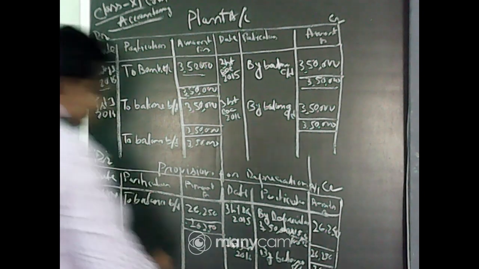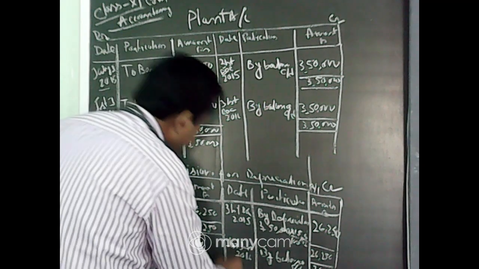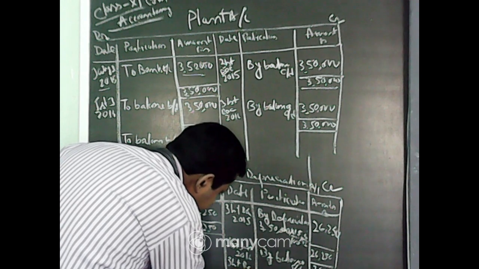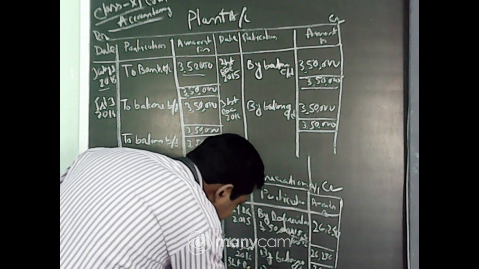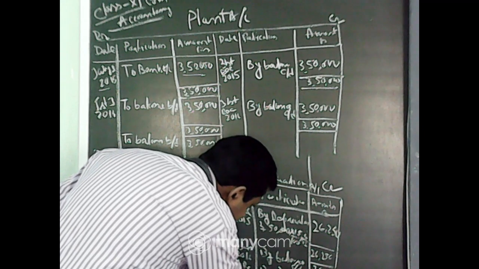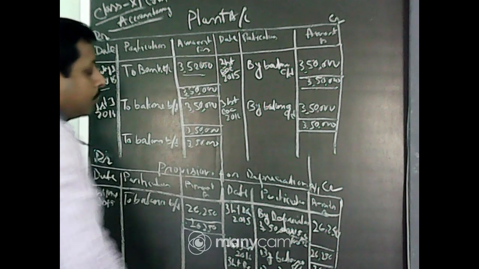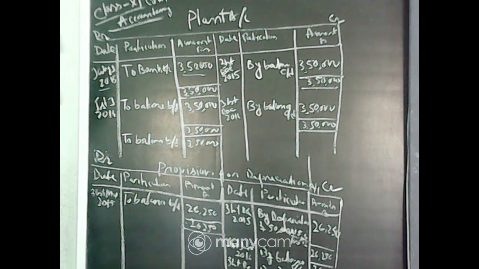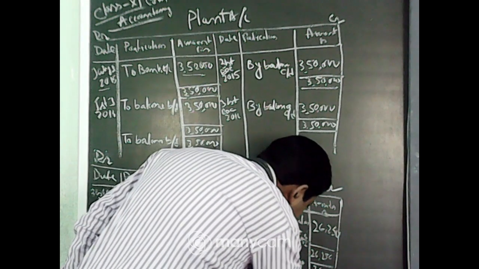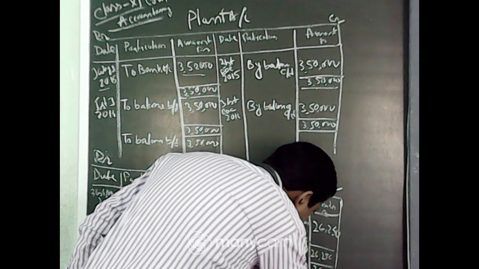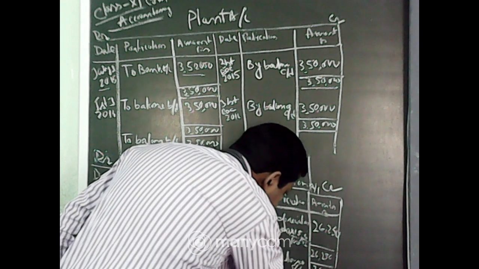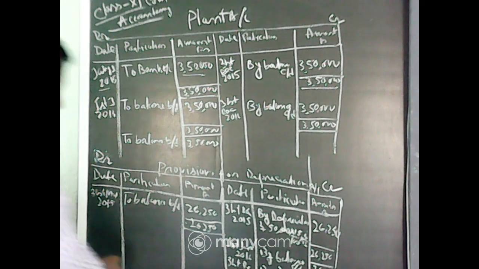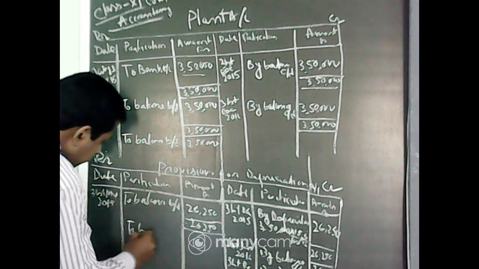Okay. Now, what will be done here? Here on 31st December 2016 we charge the full depreciation of this year, that is by depreciation account. Now, the full depreciation on 3,50,000 means 52,500. Now, you have to transfer this total depreciation to your debit side, that is to balance BD.